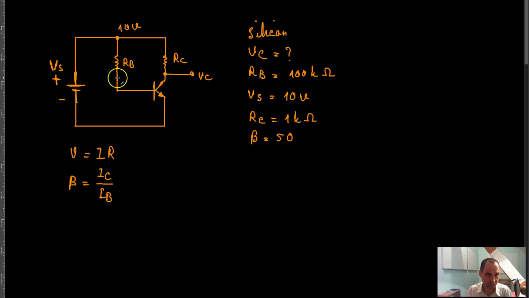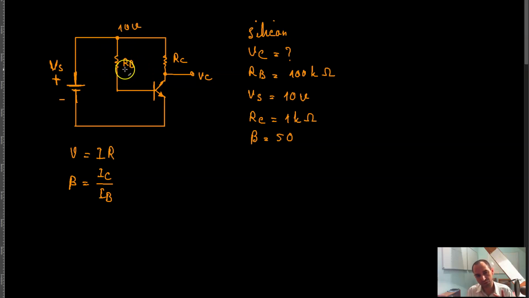So that means that from here I'm already connected to the positive pole of the power supply, and the voltage up here is 10 volts. From here, if you take the path and go to the ground, you will come across only the resistor, which means that the whole power supply voltage is dropped across this resistor.